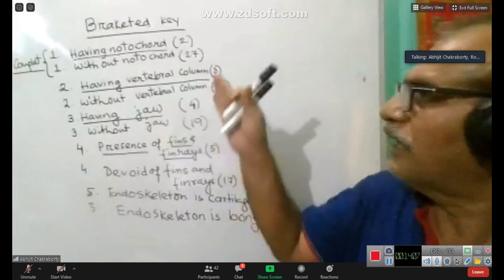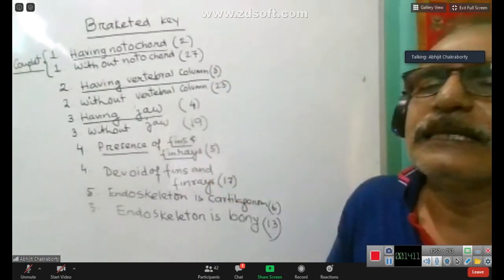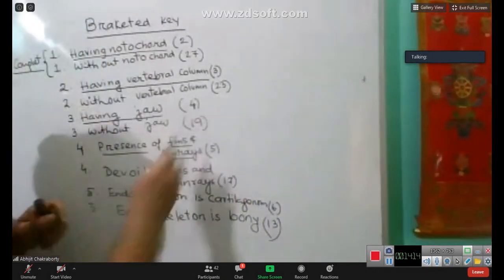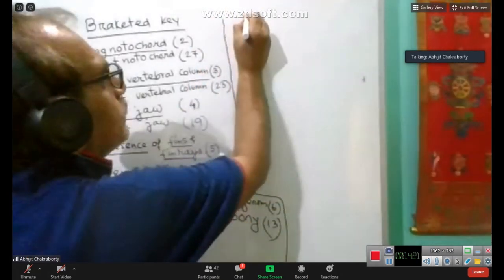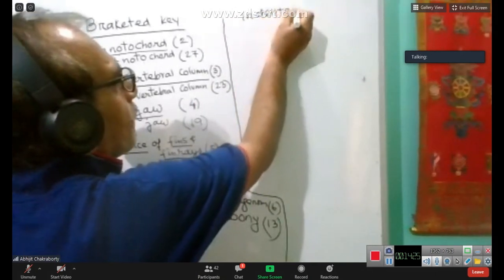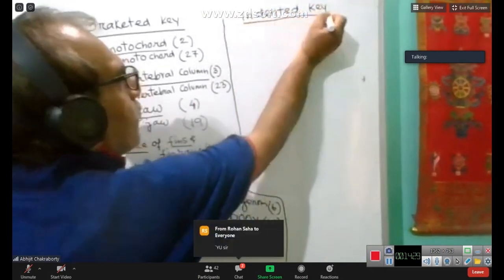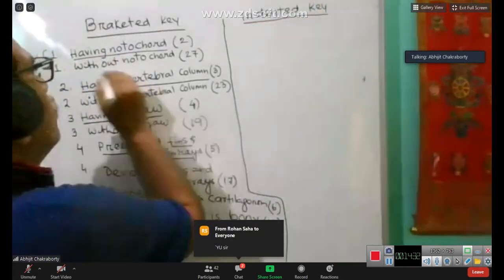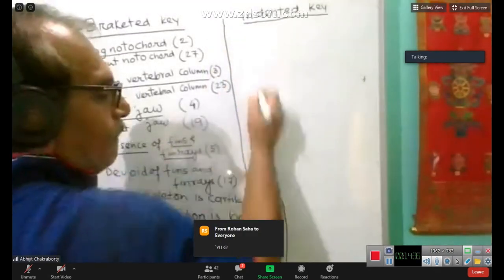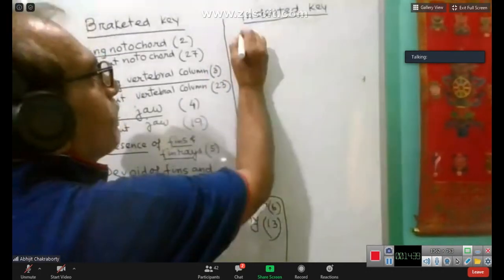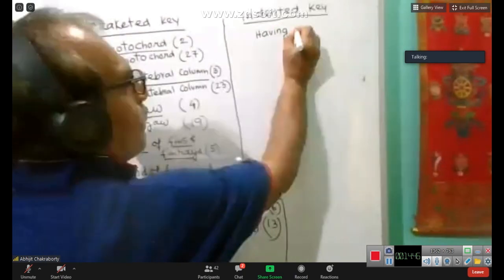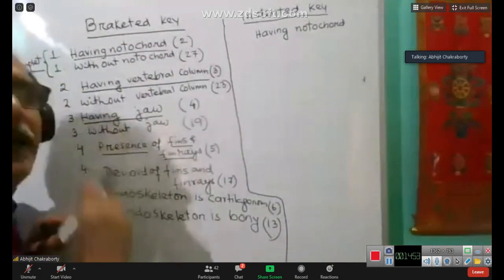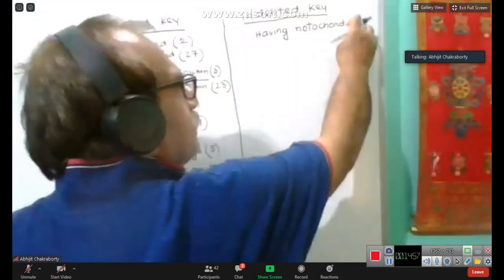Okay, thank you. Now, simultaneously, I am showing the indented key here. Now, here it is. What is this? First of all, how is it written? Notochord not occurred. Same statement, but after this statement, no number is found within brackets.